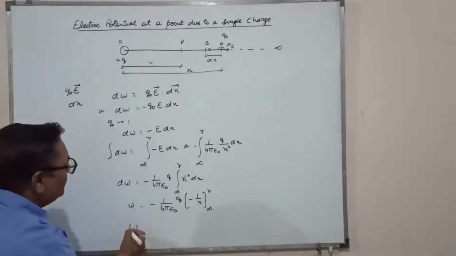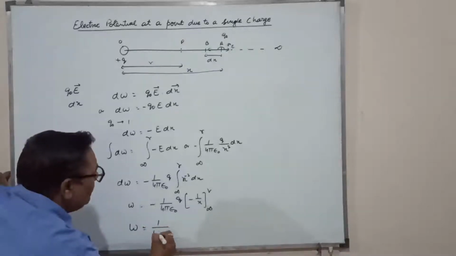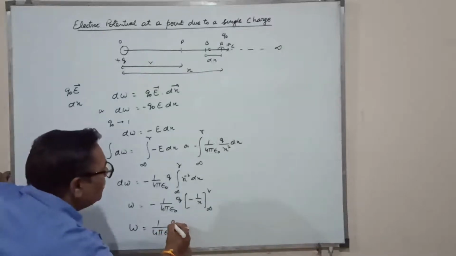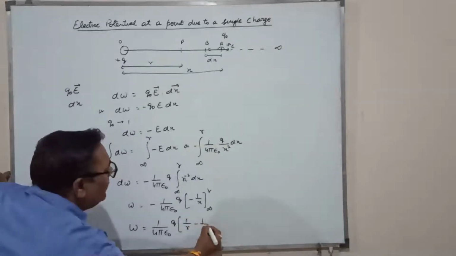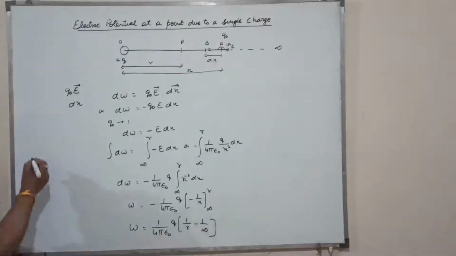This W is equal to minus, plus, 1/4 pi epsilon 0 Q times 1/r minus 1/infinity. 1/infinity is 0.